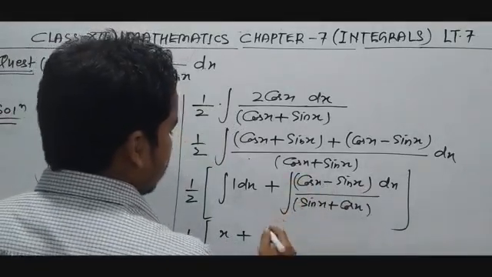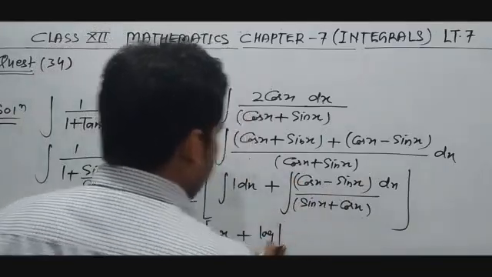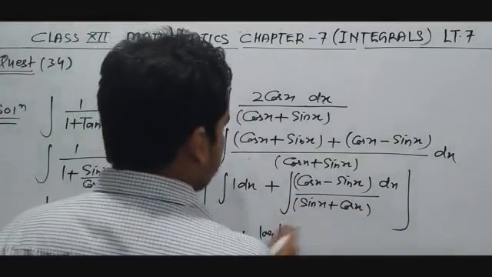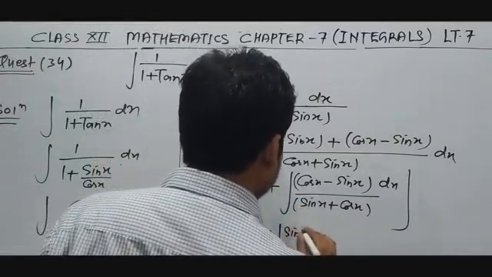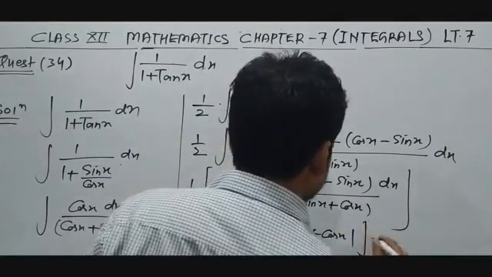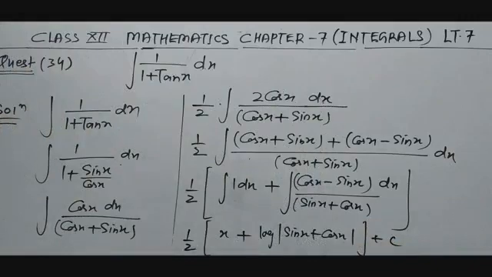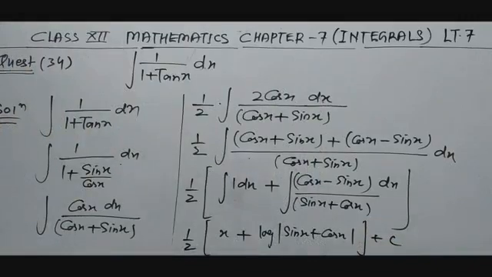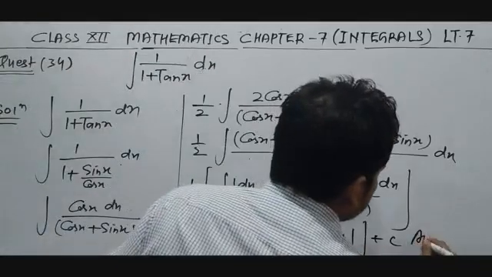So 1 by t dt will be log of mod of t, which means log of mod of (sin x plus cos x). Now this is the answer.